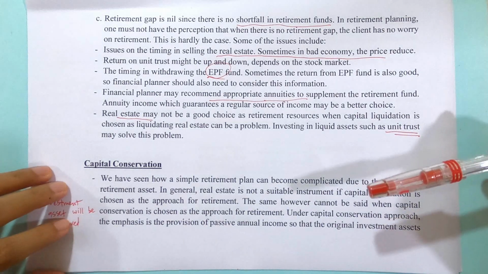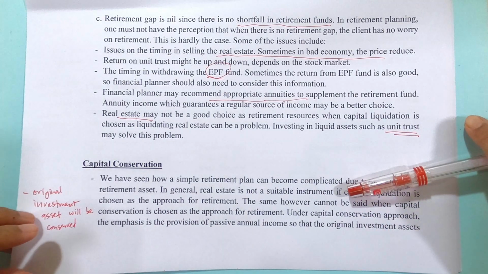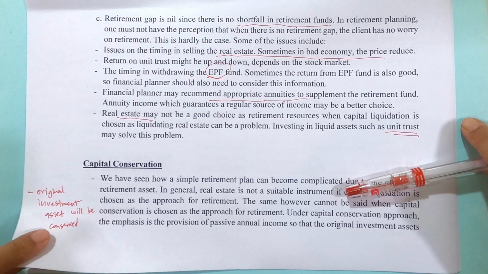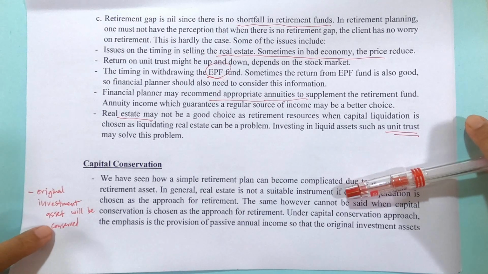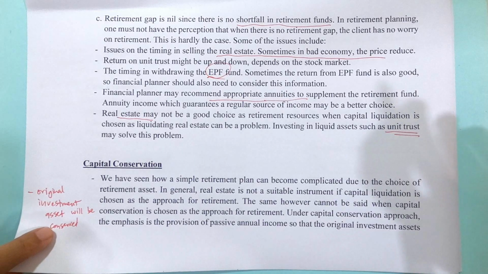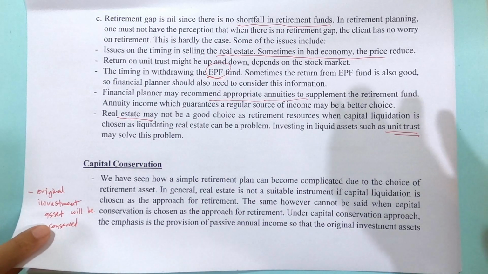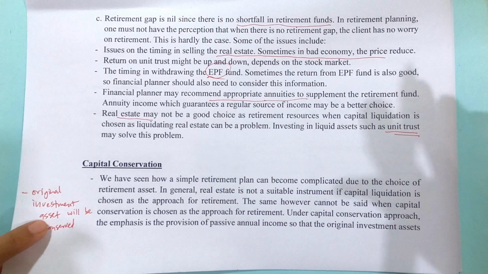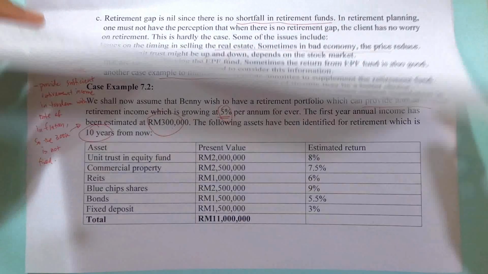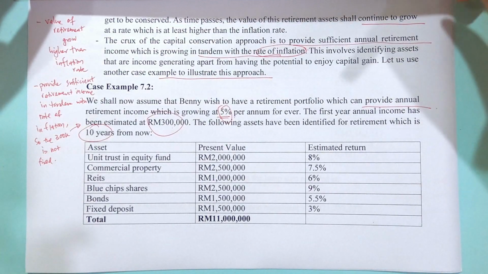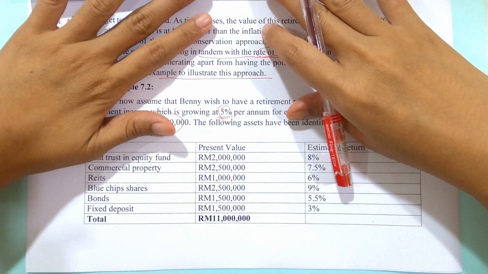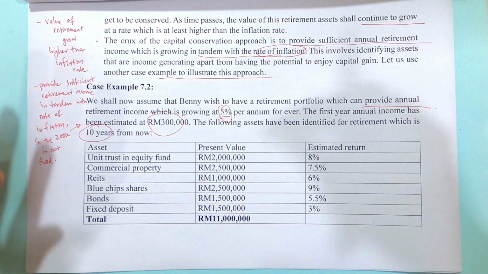Alright, now we look at the example for capital conservation, and as we already discussed before, capital conservation focuses on maintaining the original investment. The original investment asset will remain for a long period, and at the same time the retiree will still receive the retirement income per year.